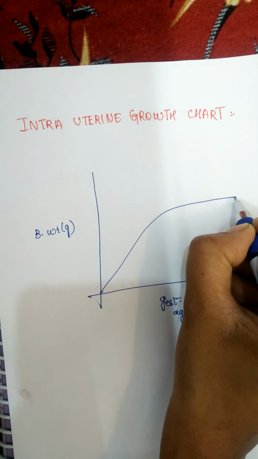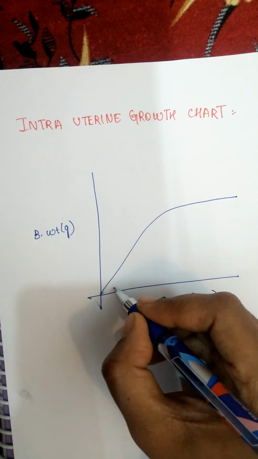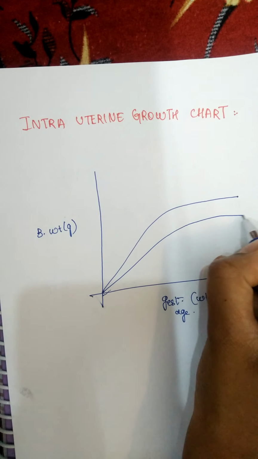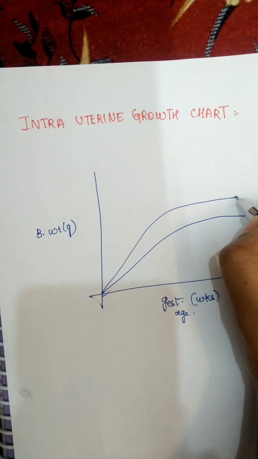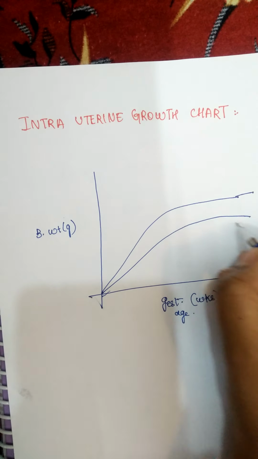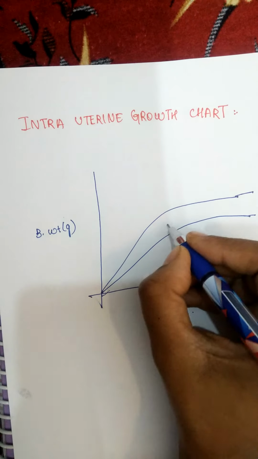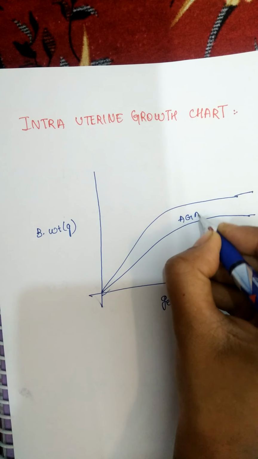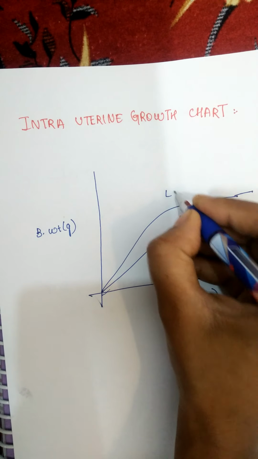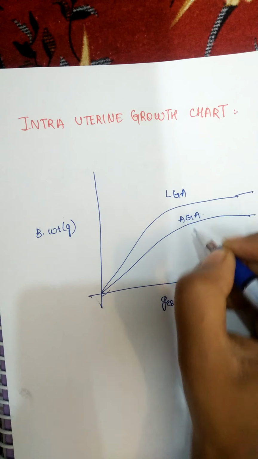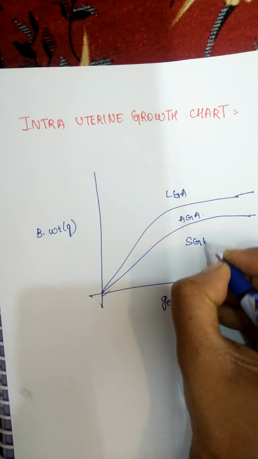And this will be in a range. If you imagine this graph, this is the normal thing, that is the appropriate gestational age. Anything above is large for gestational age, below that is small for gestational age.